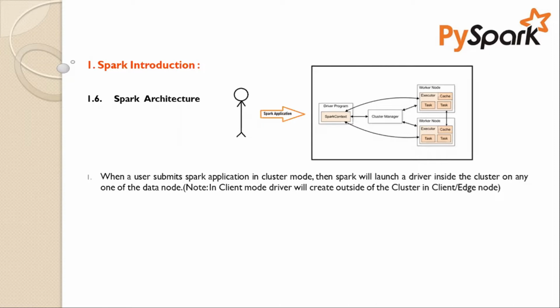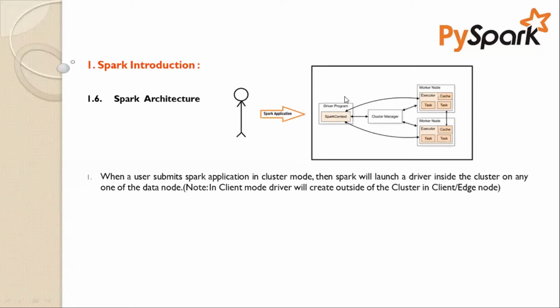When a user submits a Spark application in cluster mode, Spark will launch a driver inside the cluster on any one of the data nodes. If you see this diagram, let us assume the rectangle I drew is a cluster, and inside the cluster you can assume this as a data node.